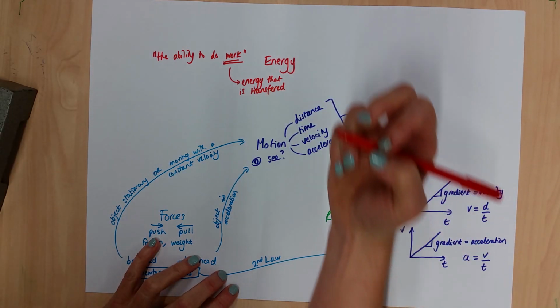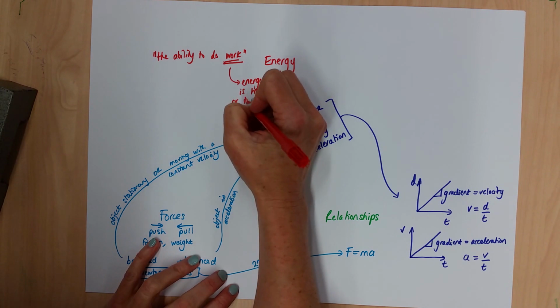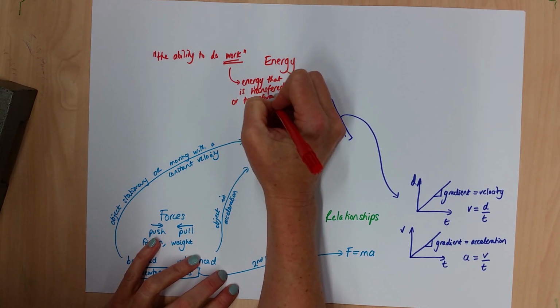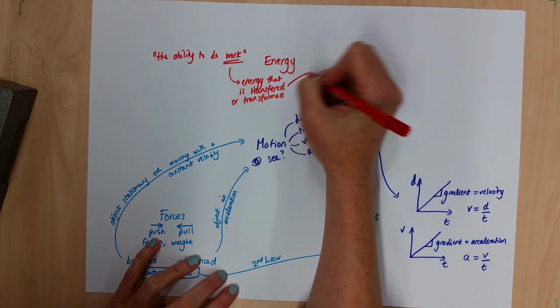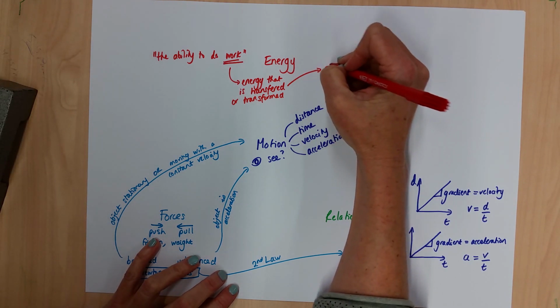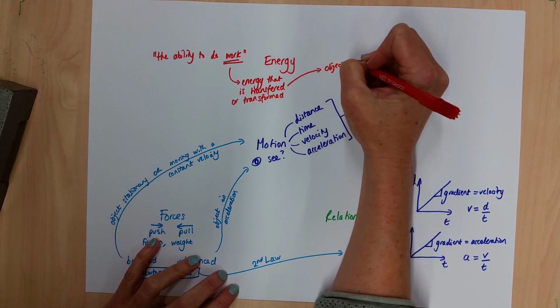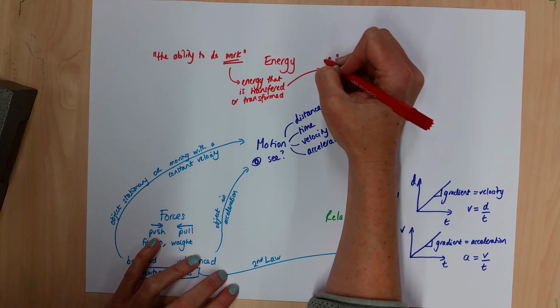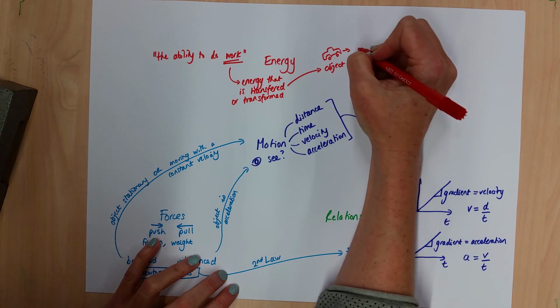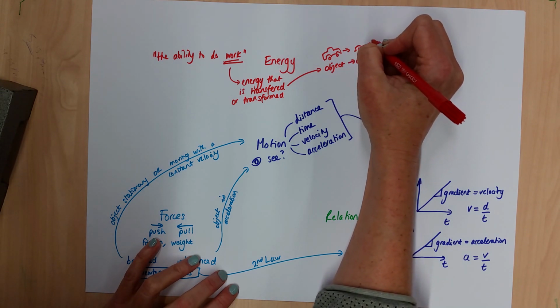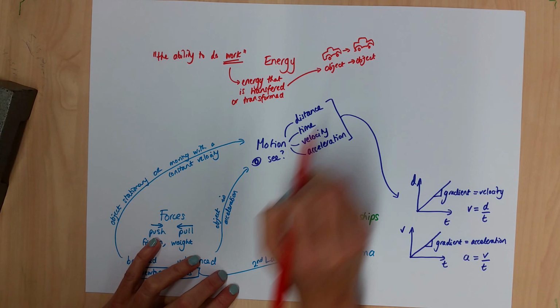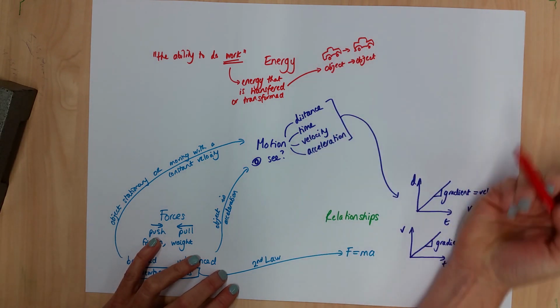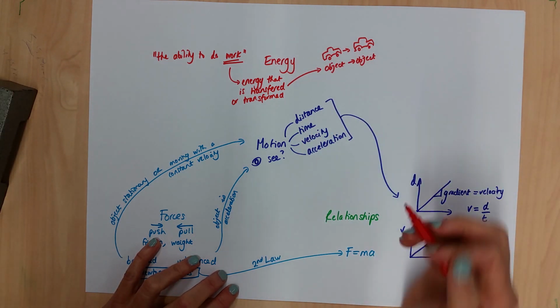Or we can talk about energy transformed. That's another word you might hear. Transferred means that energy is going from object to object. That could be thinking about cars in a collision. One car collides with another car, and some of the energy from this car is transferred to the other car and makes it move.